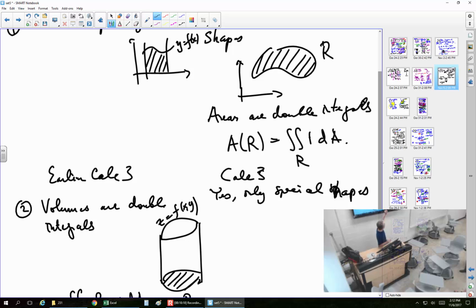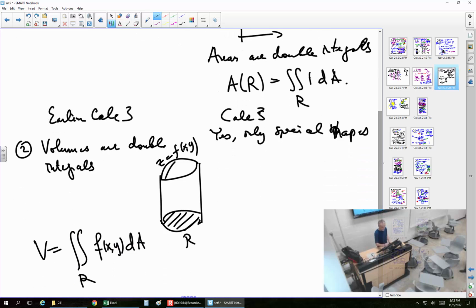A function of one variable right there, and a function of two variables here. So the function is integrated over its region of integration. It could be some weird shape, or it could be a circle, and then that gives the volume.